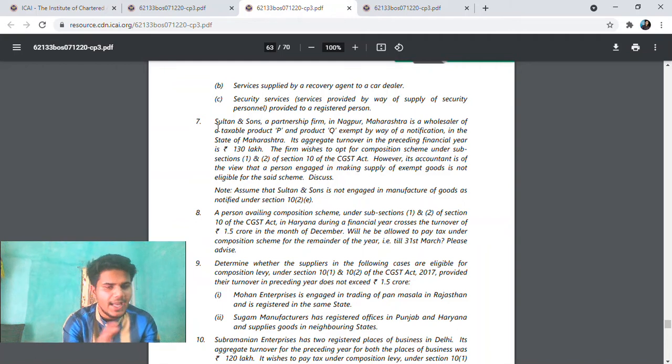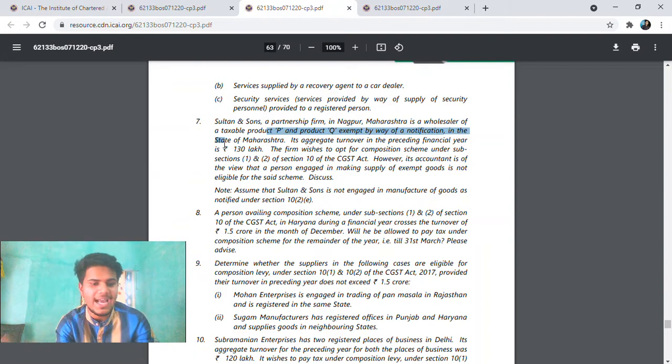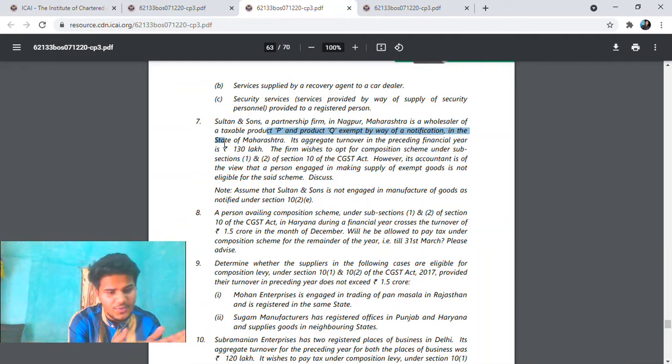We have no information that he makes inter-state supply, because he deals only in Maharashtra, so he makes only intra-state supply. He deals with two products, product P which is a textile product, and product Q which is an exempt product. Its preceding financial year turnover is 130 lakh rupees.